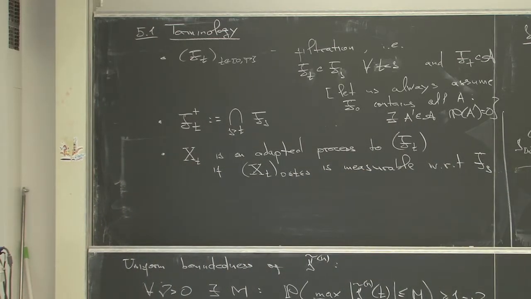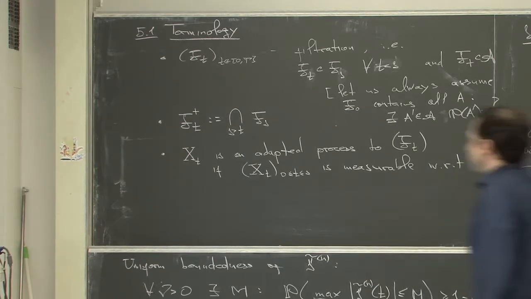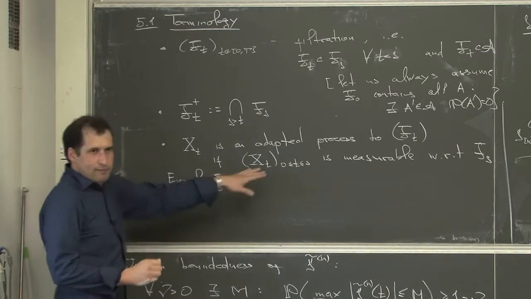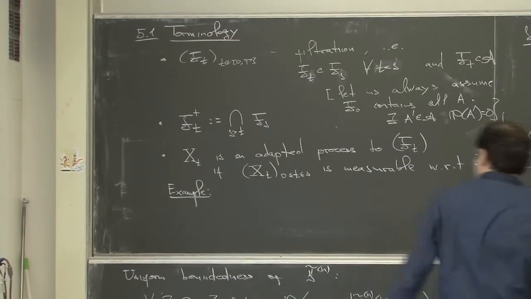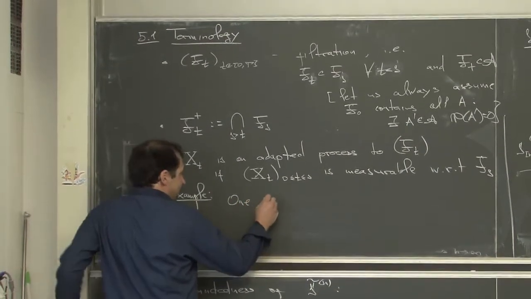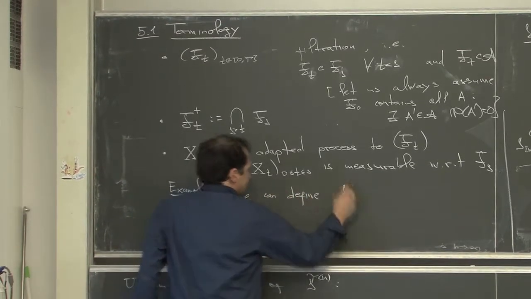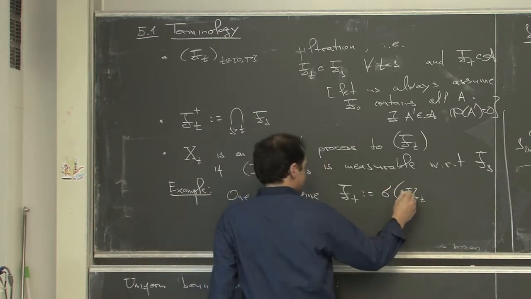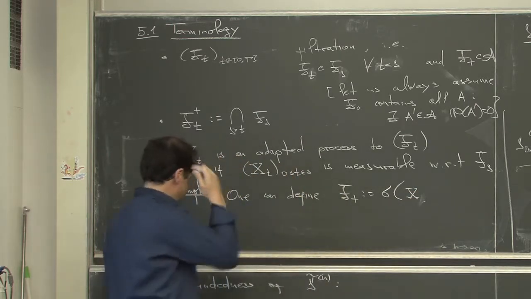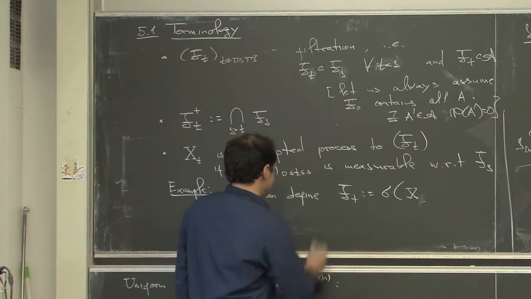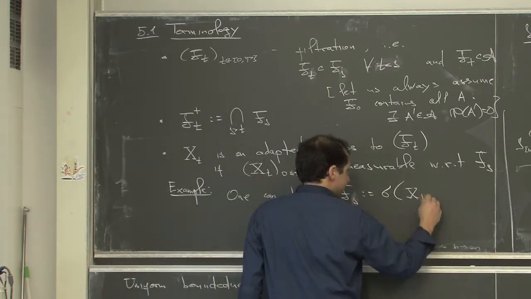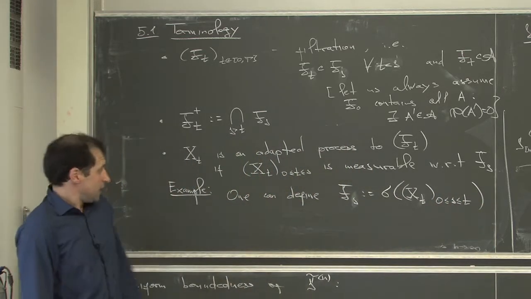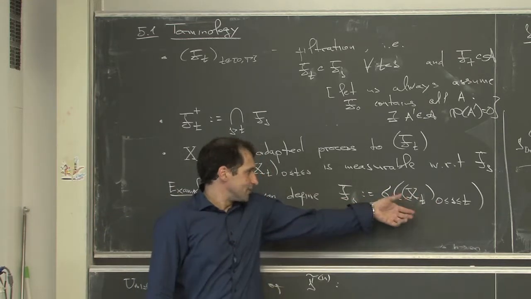And a very useful way to think about this definition is as follows. If we already have some process, say we already saw the Brownian motion, just define F_t to be the sigma algebra generated by all those variables X_s for s up to t. Again, a real mess with indices. So F_s is the sigma algebra generated by all those random variables, meaning that the measurable sets, I mean, this is the product sigma algebra.